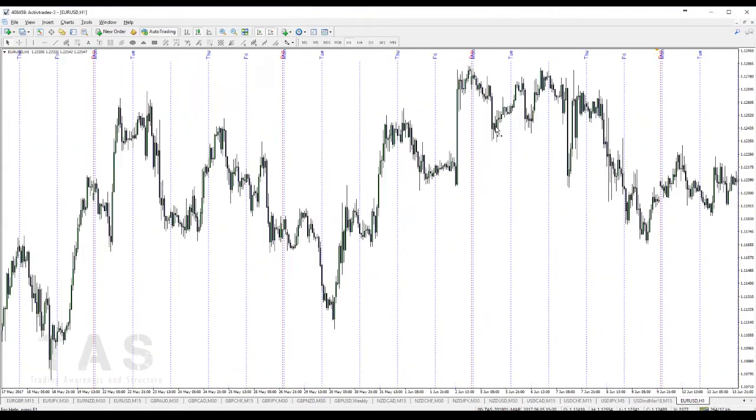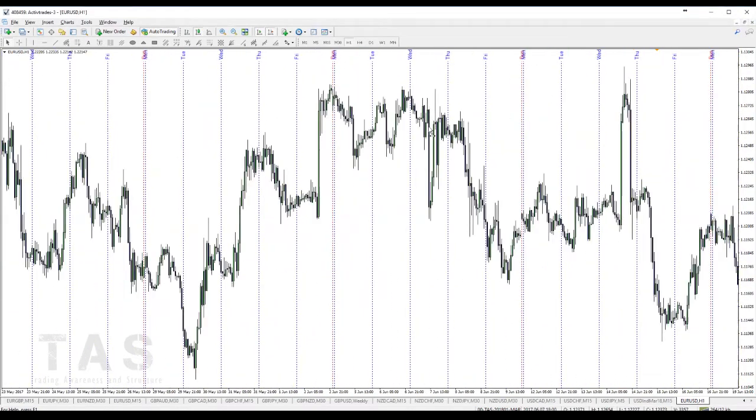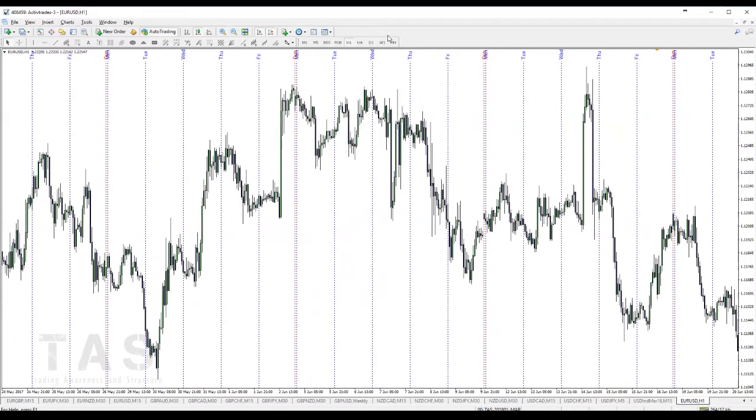So if we move to another week, here you have the open. Monday, right? The high of the week is there, and the low of the week is here, and it did this.